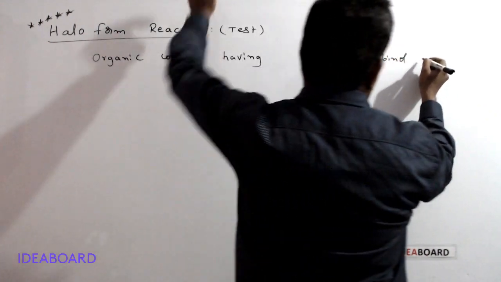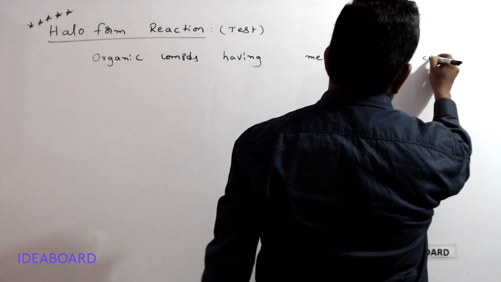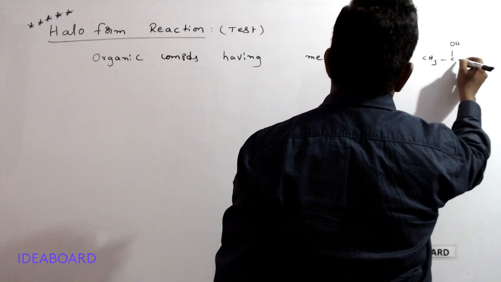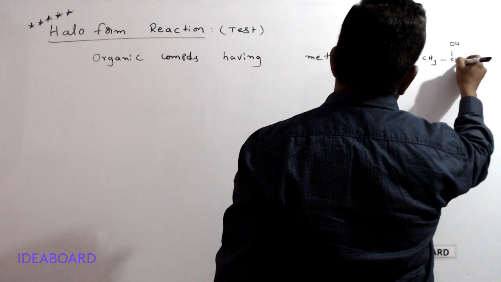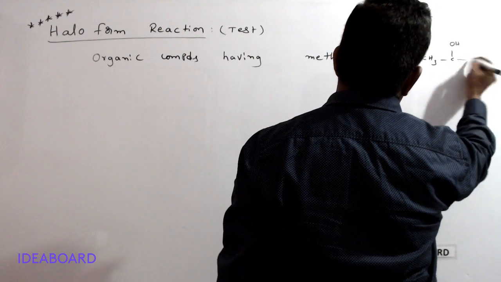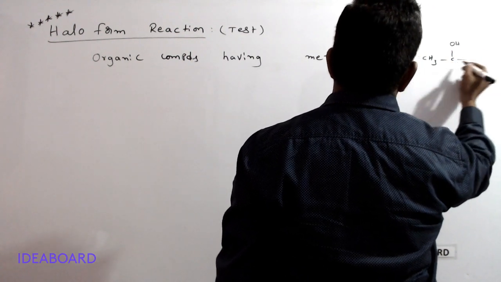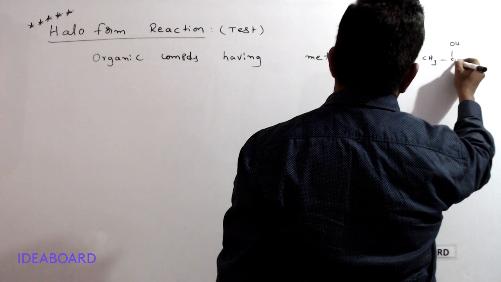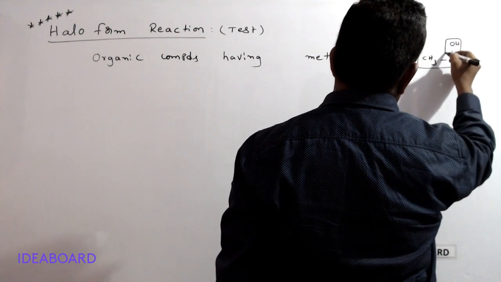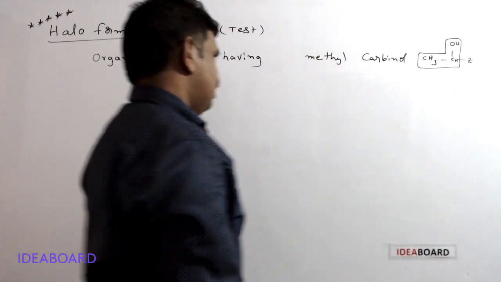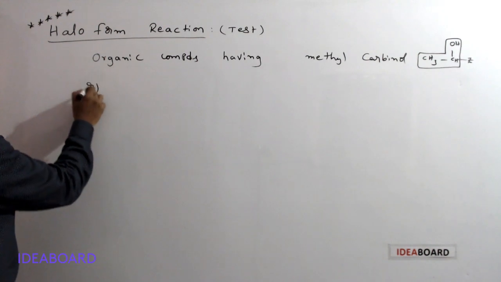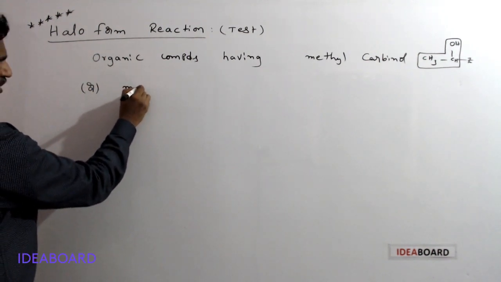Here, methyl carbinol group means CH3 CHOH group, CH3CHOH Z. This is called the methyl carbinol group, or a methyl keto group.